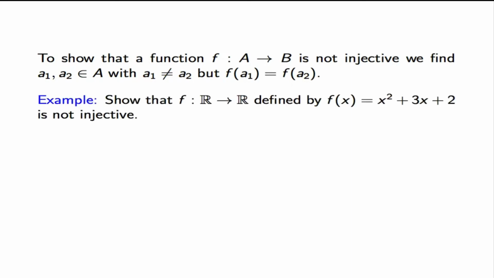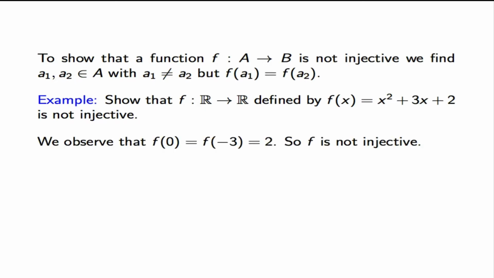For example, suppose we are asked to show that the function f from the reals to the reals defined by f of x is equal to x squared plus 3x plus 2 is not injective. So to do that, we need to find two elements of the real numbers which are different, but for which f applied to them gives the same answer. And okay, in my answer I will cheat a little and say that I observe that f of 0 is equal to 2.